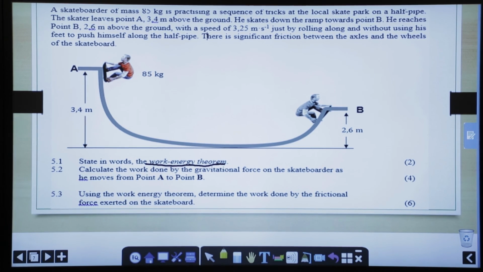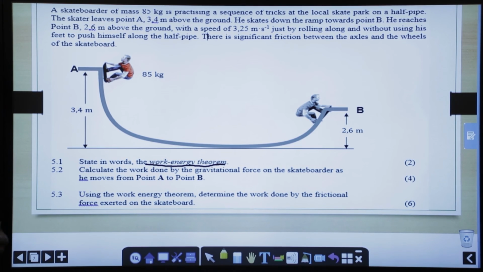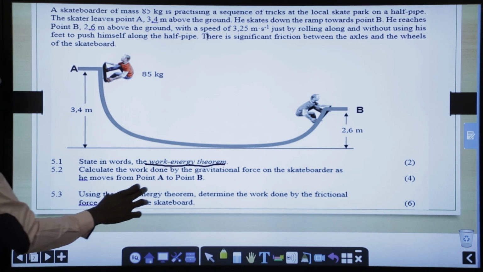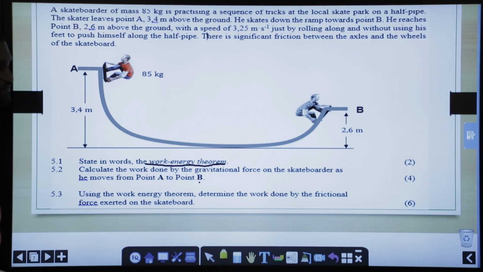Don't forget the words: the net or total work done on an object is equal to the change in kinetic energy. All right? 5.2 then says, calculate the work done by the gravitational force on the skateboarder as he moves from point A to B.